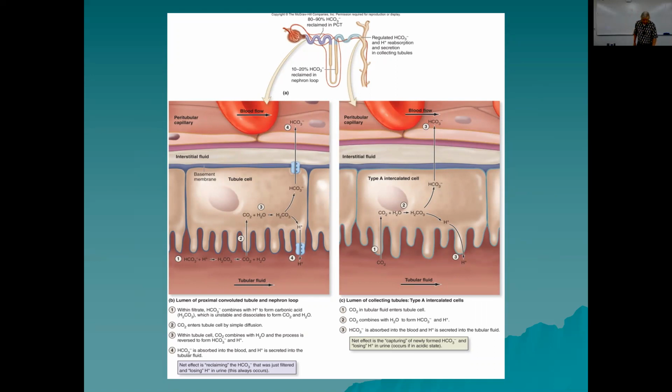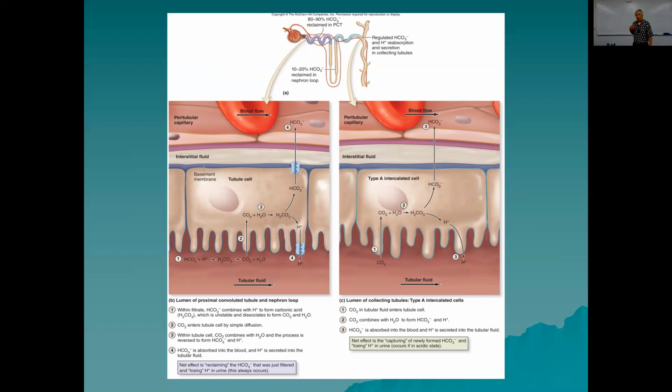That combines with water to form carbonic acid. The bicarbonate ion is reabsorbed into the interstitial fluid across the basolateral border of the cell, and the hydrogen ion is secreted back into the tubular fluid. And that's an automatic process in the PCT.